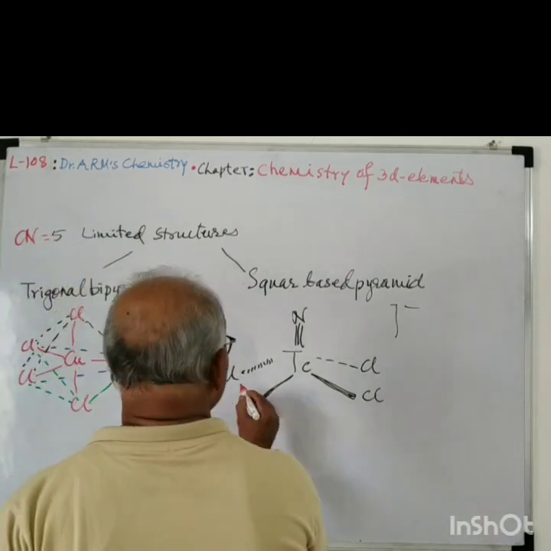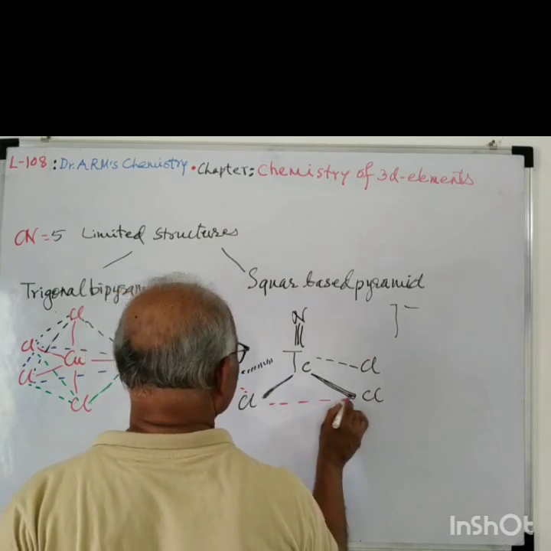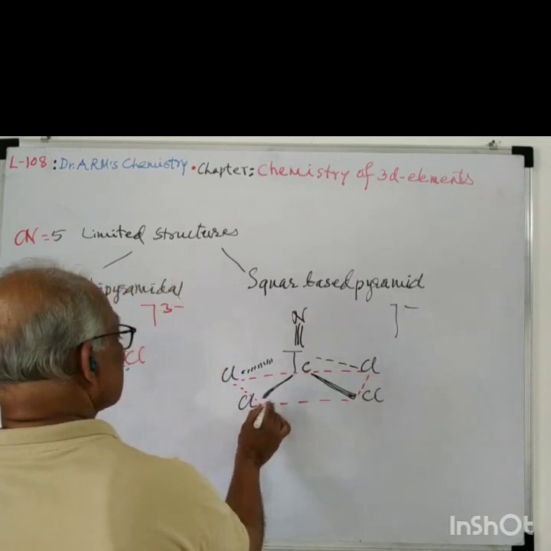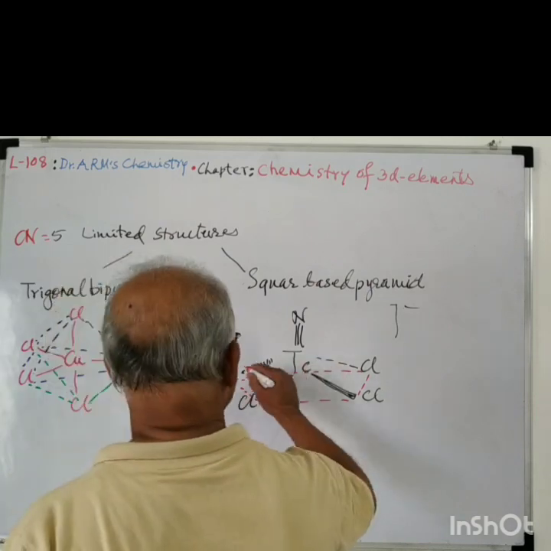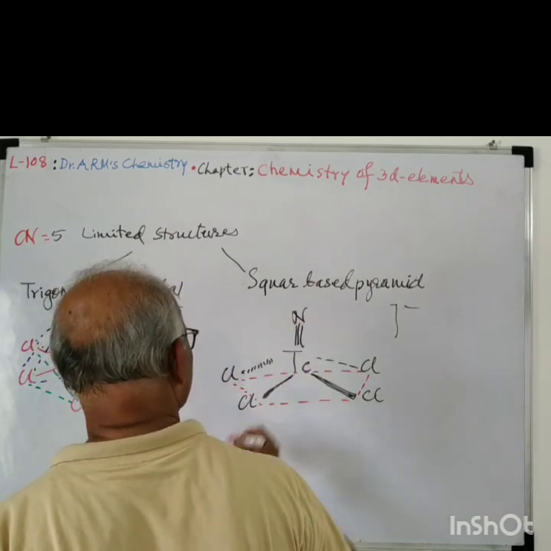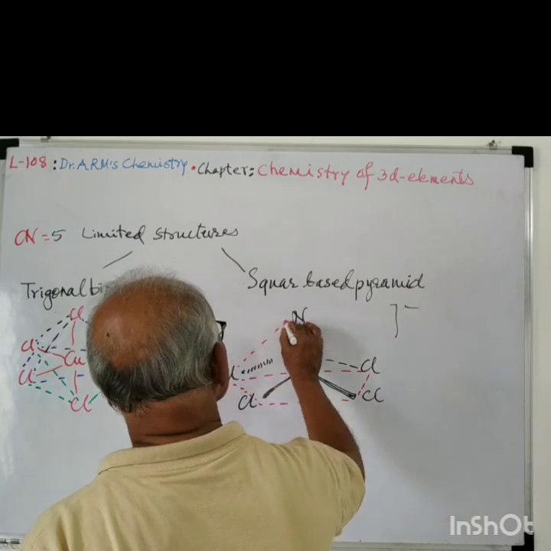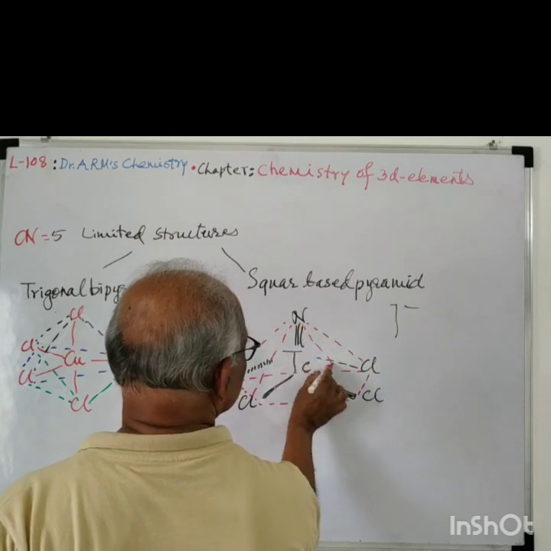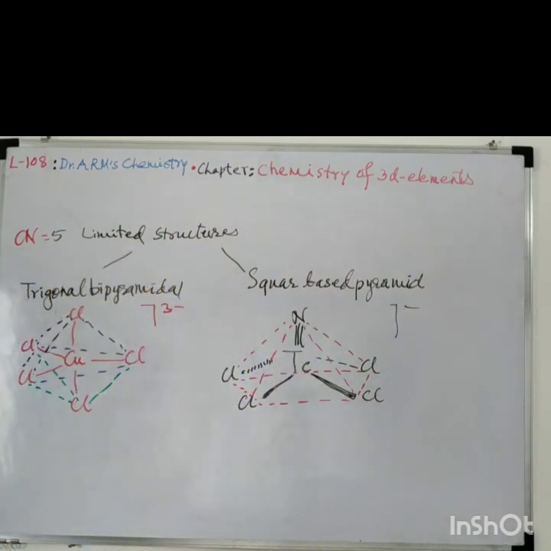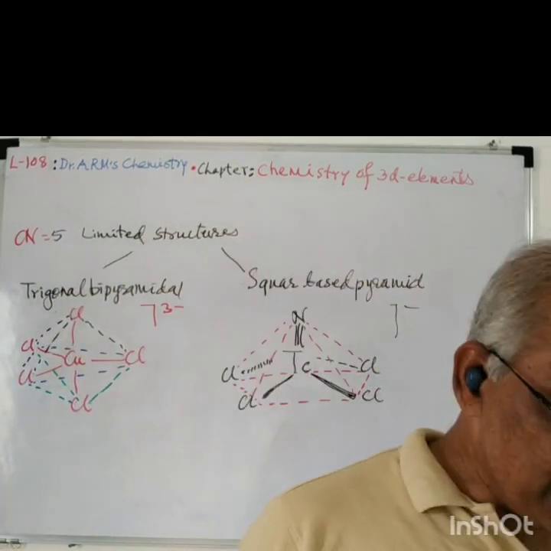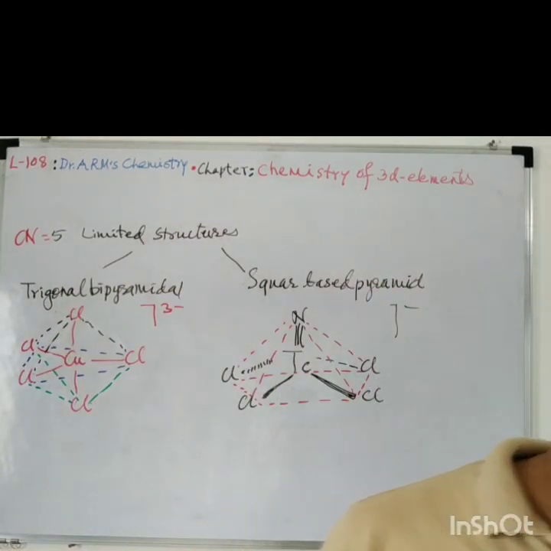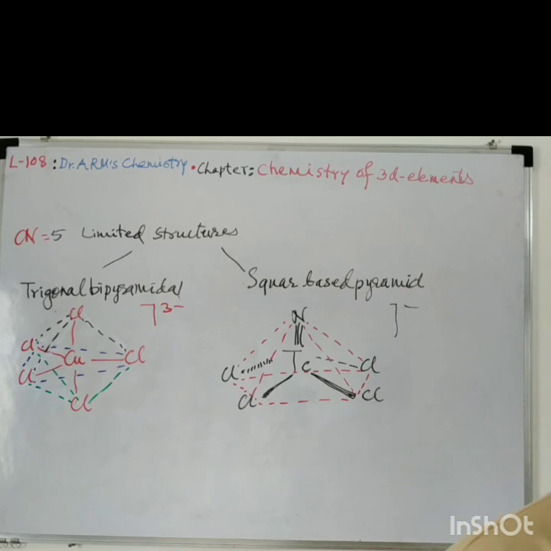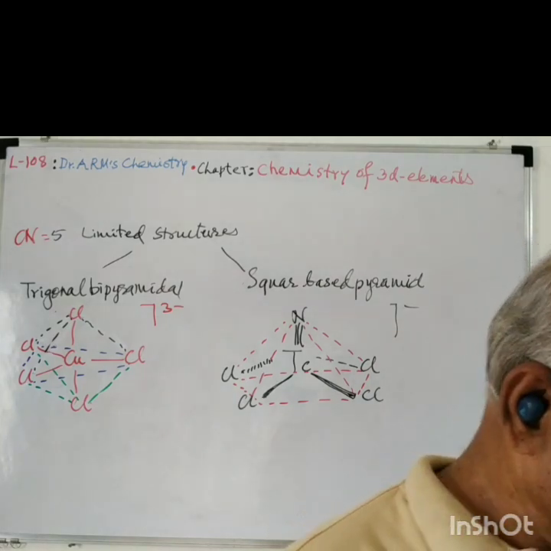We can show this square like structure. This is a square base and this pyramidal structure, like this. We have given two examples for this understanding.